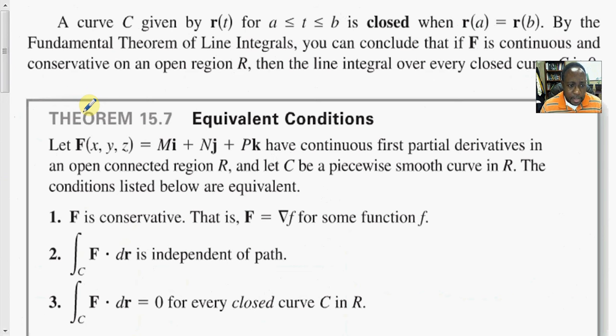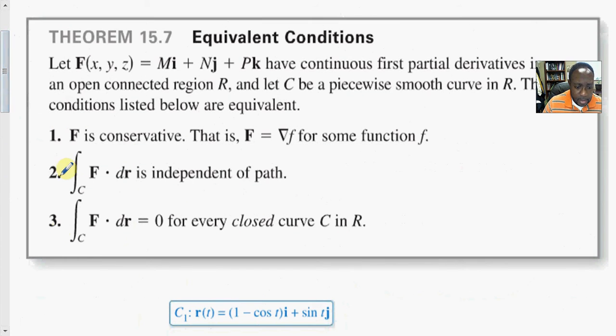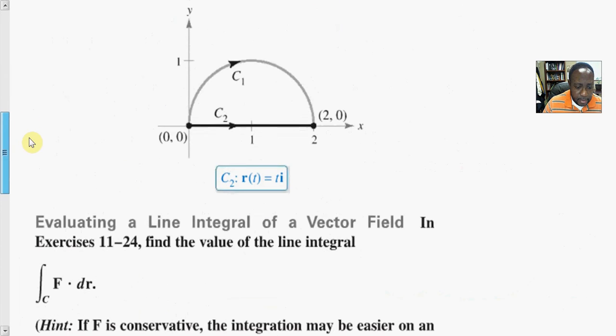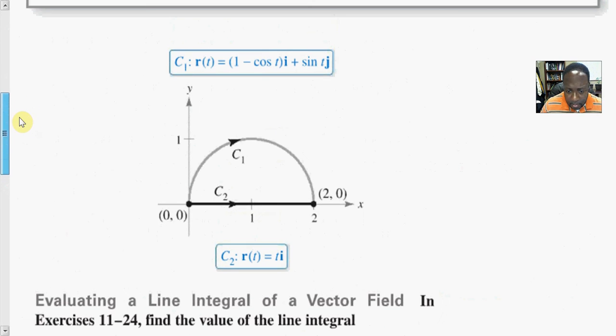Oh, before we get to the problems, I think a very cool thing here is that a curve C given by R of t is closed on this interval from A to B if R of A is equal to R of B. There's a drawing down here that helps us out with that. You see this curve here, this path, that it's a closed path.